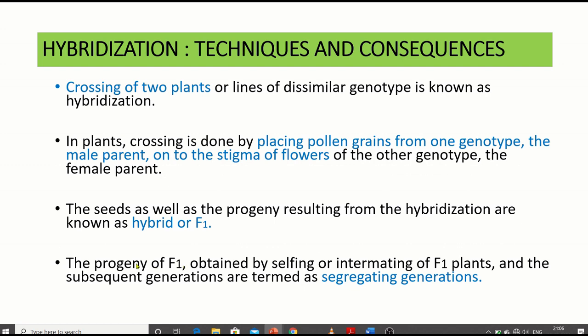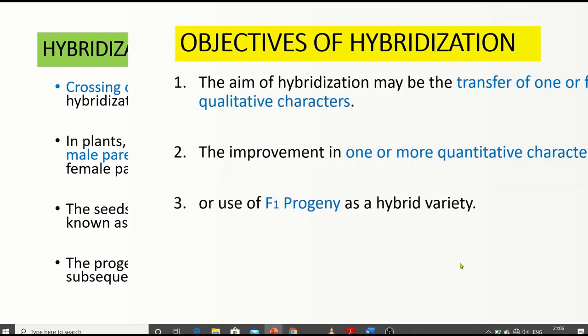In this case the F2, F3 and further generations are called segregating generations. These are also significant and play a great role in a plant breeding program.